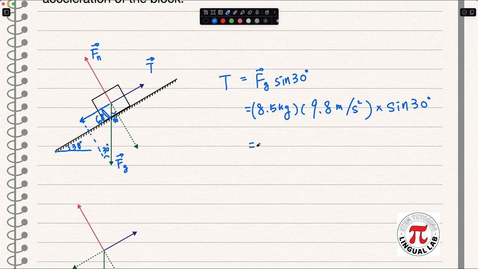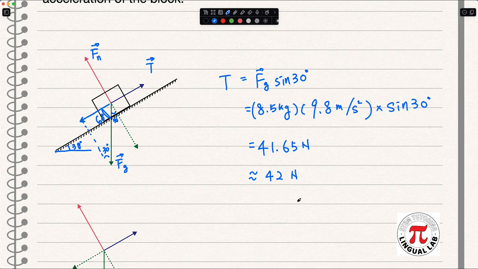So we can calculate this as 41.65 Newtons. You can round it to 42 Newtons.